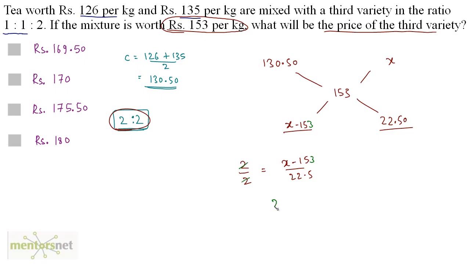So 22.5 is equal to X minus 153. Therefore X is equal to 153 plus 22.5, and that is equal to 175.5. So the price of the third variety, which is X, is 175.5, and that's option C.